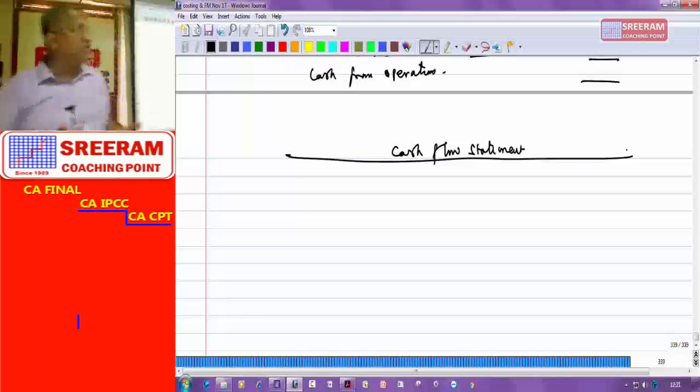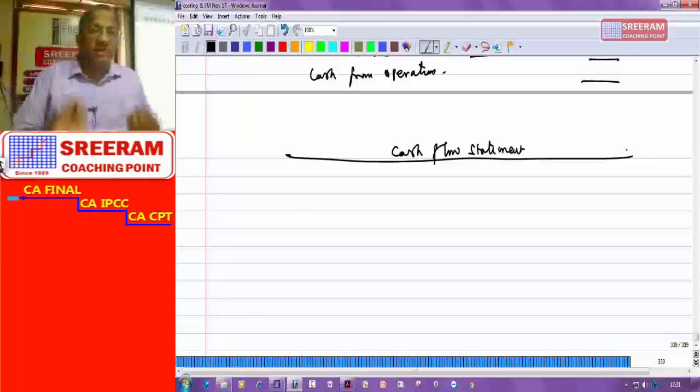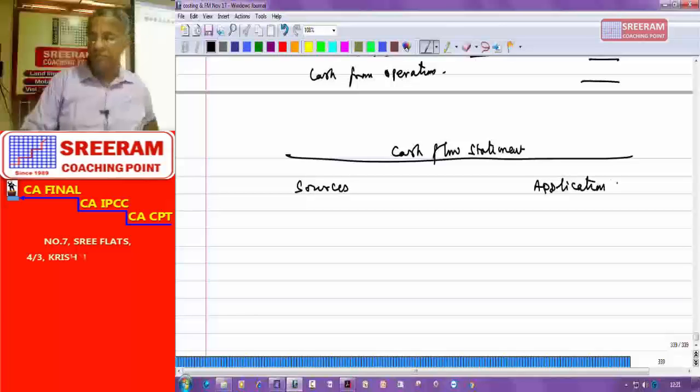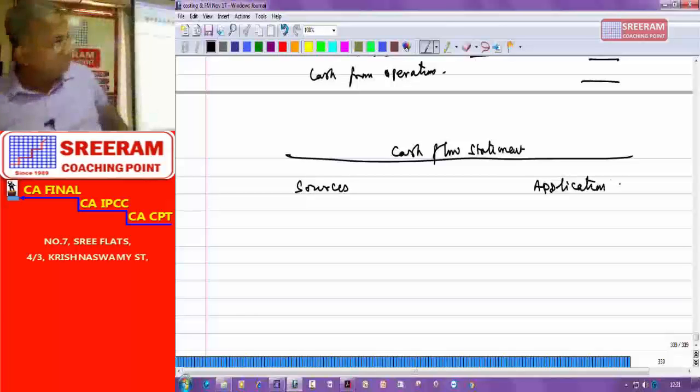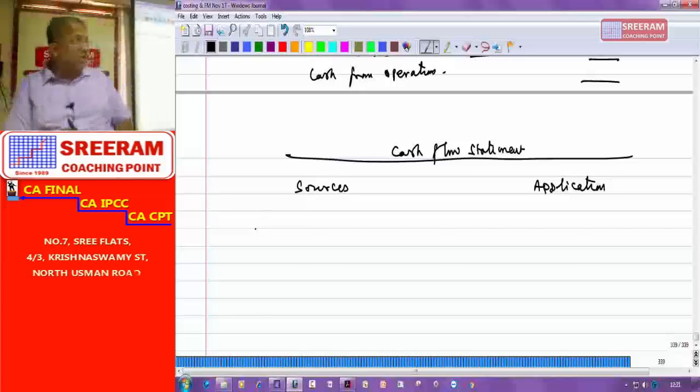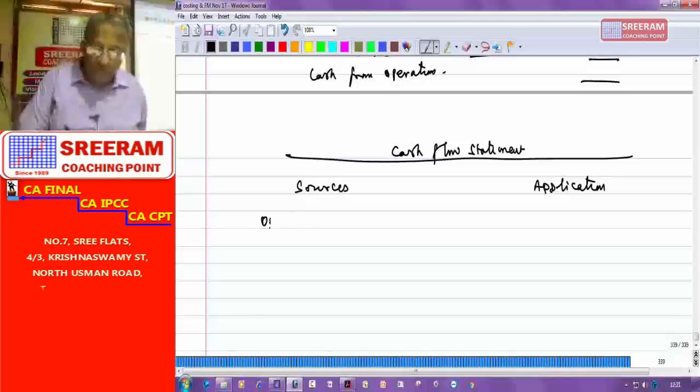This is a summary of a cash book. The cash flow statement is nothing but a summary of a cash book. Sources and application. What is the first item in your cash book? Opening cash and cash equivalent.